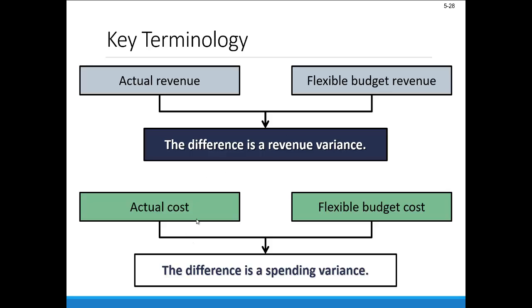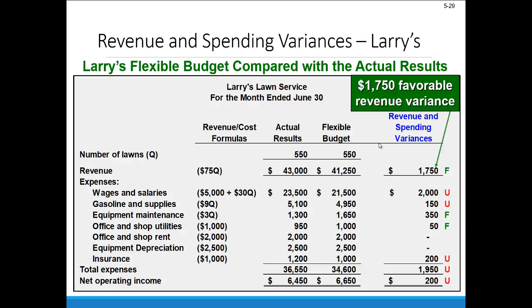Now, if we're comparing an actual cost or expense to the flex budget cost, call that a spending variance. Again, we're saying these are things that are driven by something other than a difference in activity between those planned levels and those actual levels. So let's get back to Larry here. We're going to continue the example from the previous video. Let's start with Larry's actual results, which we talked about very briefly earlier.